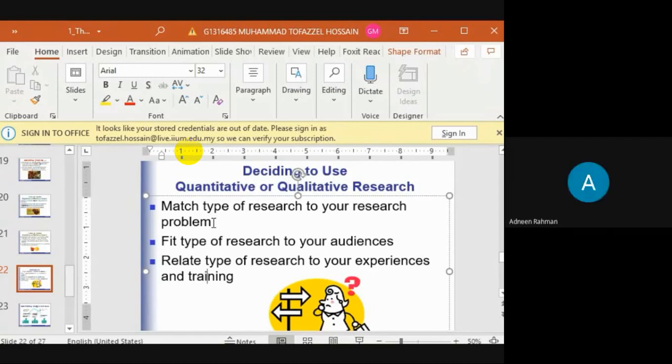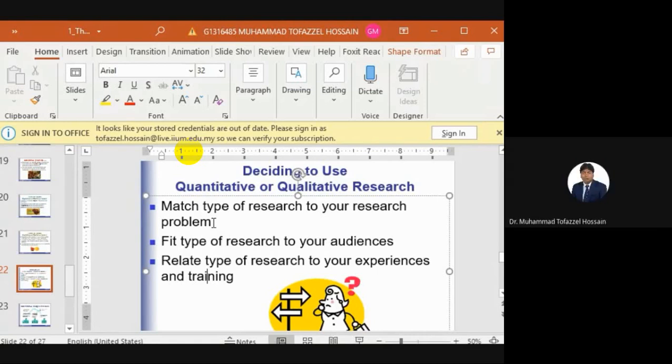It can also be qualitative, only the areas. You can ask different areas, as many areas as you can collect. So it may be quantitative, it may be qualitative, or it may be mixed, both quantitative and qualitative. So it depends, right?